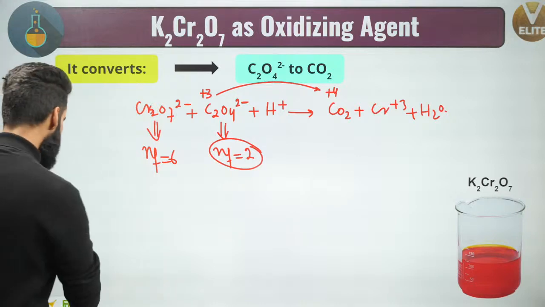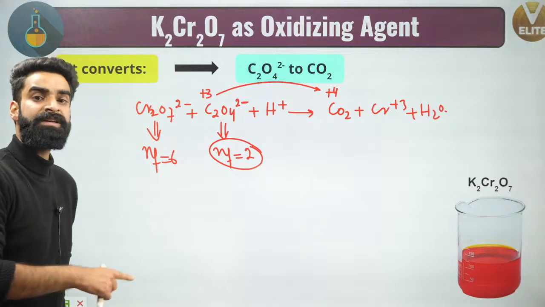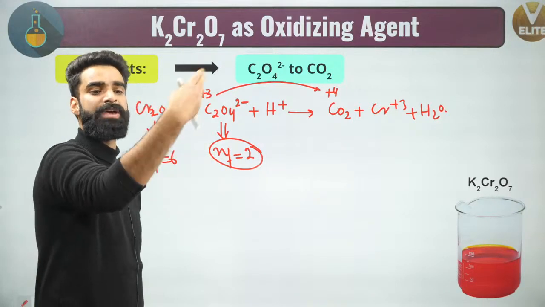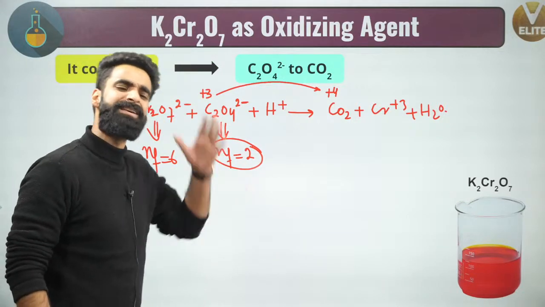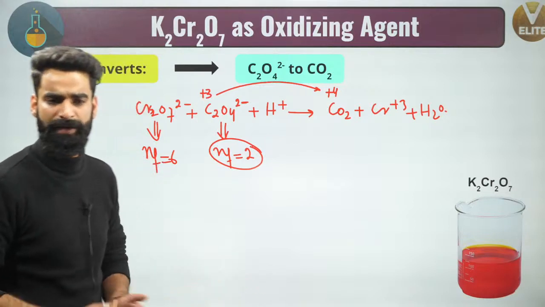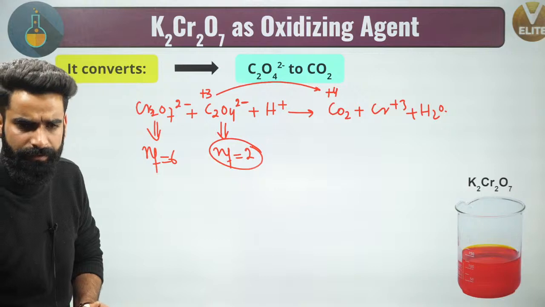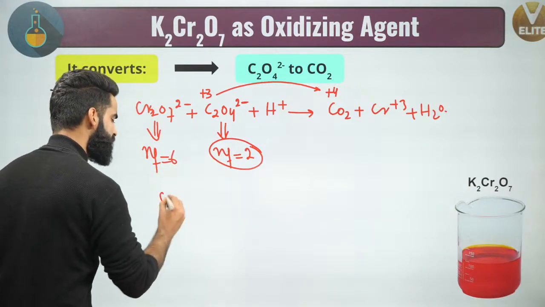Now people, talking about a few more reactions, we know Cr2O7 2- will convert again Sn2+ to Sn4+. Whatever reactions your KMnO4 was showing, same reactions it's going to show. So can I say it like this?